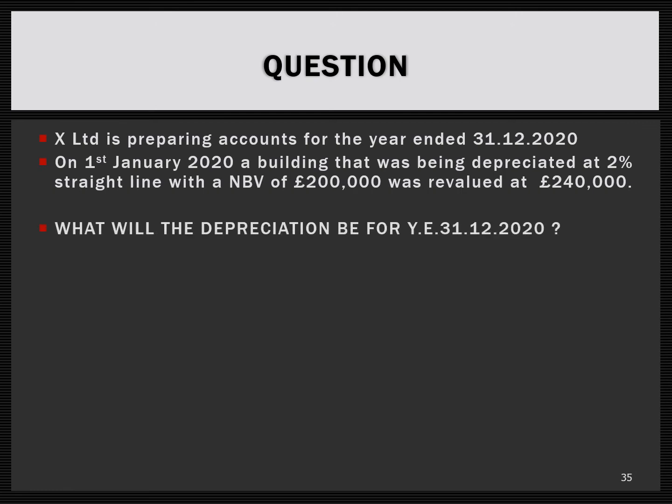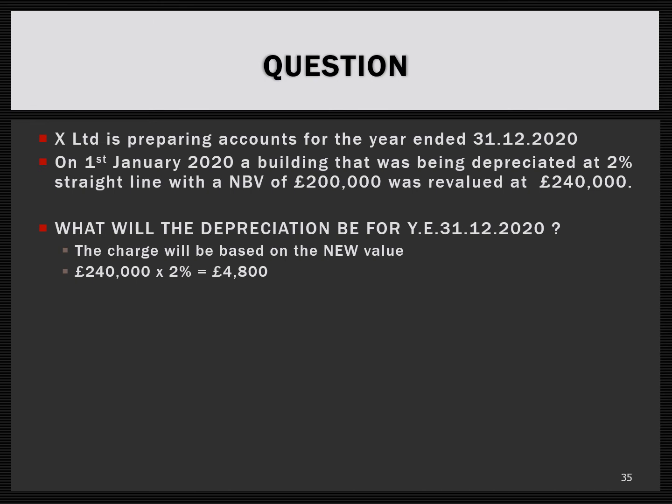Now in this case the adjustment is right at the beginning of the year. So see if you can work out what the depreciation charge for the year ended 31st of December 2020 will be. And this charge will be based on the new value of 240,000.